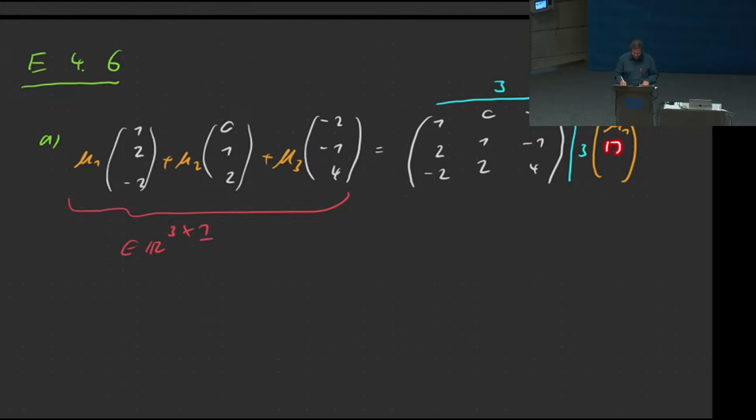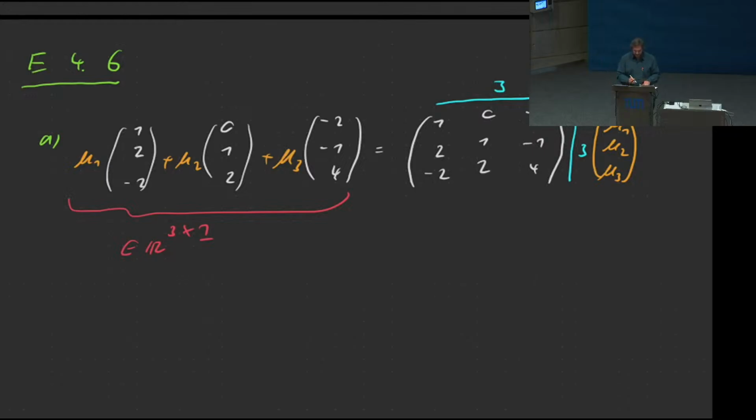The second entry of that vector will always be multiplied with an entry in the second column of my matrix. And I want that second column to be multiplied by mu2, so that's why I put mu2 here. And same thing for the third column, right? So this is just matrix vector multiplication, basically.